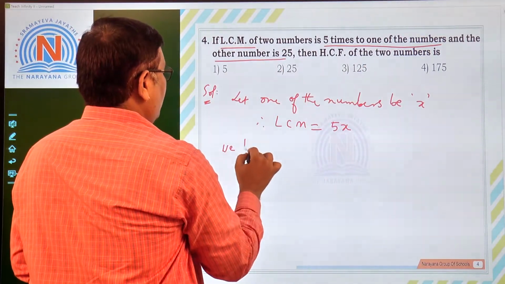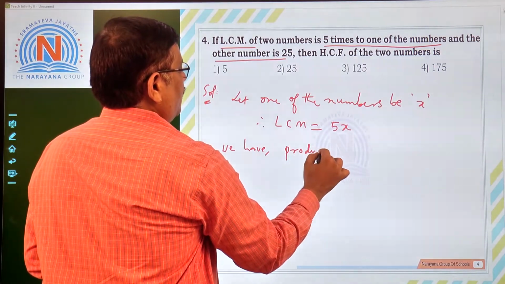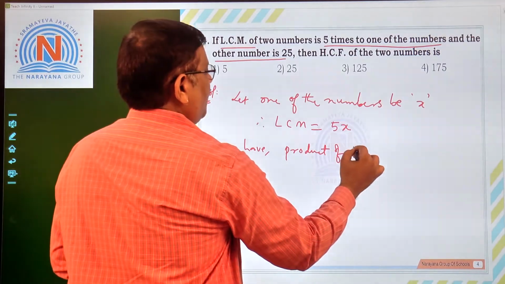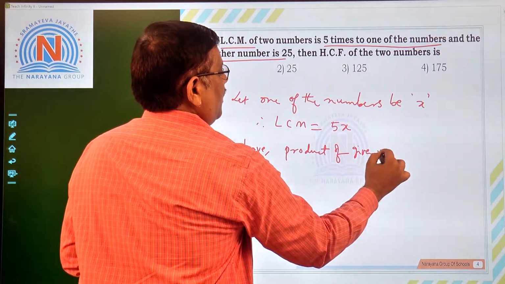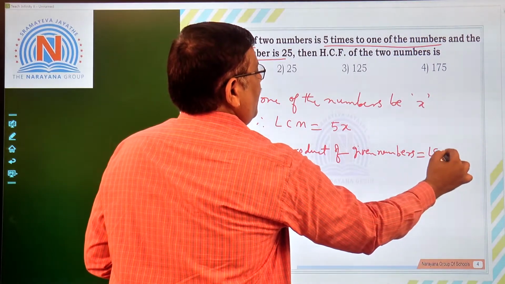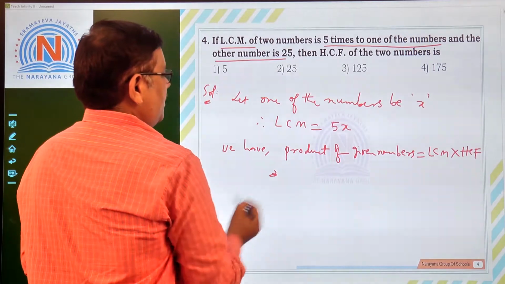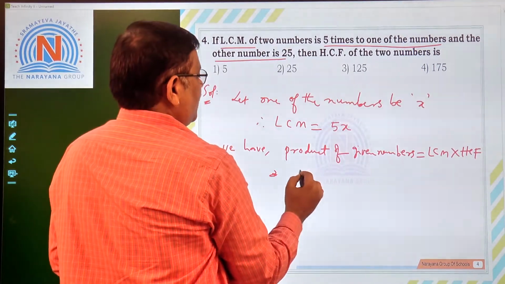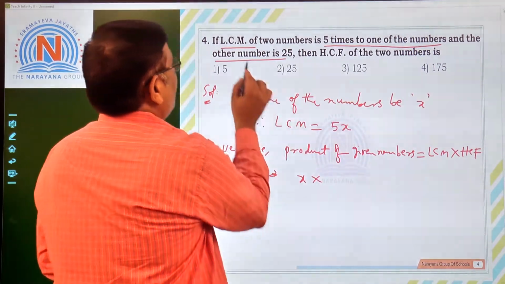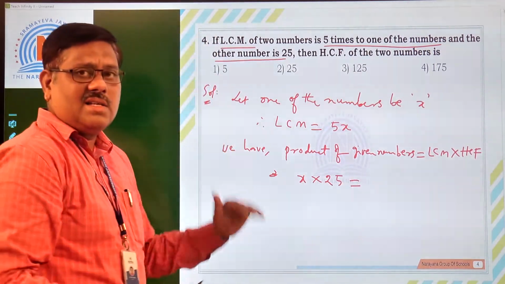We have the product of given numbers is equal to the product of their LCM and HCF. That implies the first number we are taking as x, the other number he is saying as 25, so x into 25 is equal to LCM into HCF.